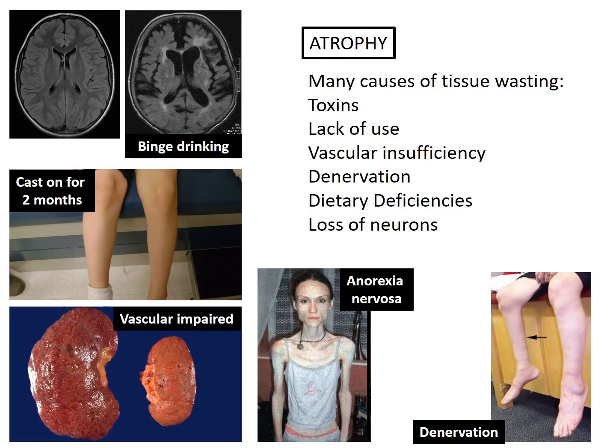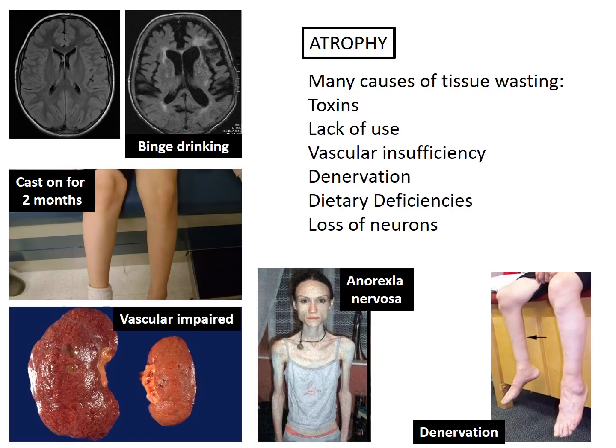Here are some examples of atrophy. Any type of tissue can degenerate or waste. A lot of different things can lead to atrophy. The effect of toxins on tissues. Take a look at that MRI of the brain at the top.